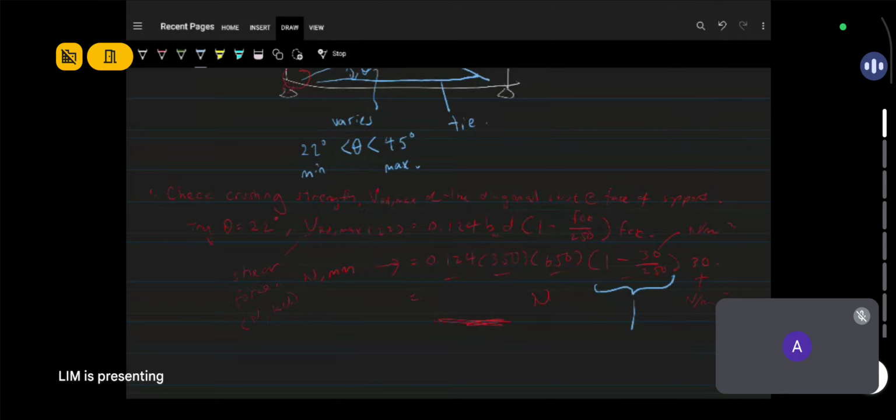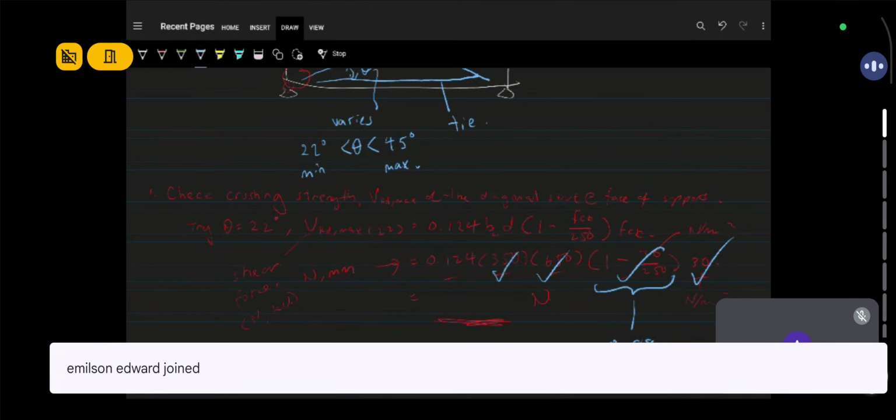What is that? 1 minus 30 divided by 250. 0.88, correct. 0.88 times 30 is 26.4. And then times 350 times 350 times 650.